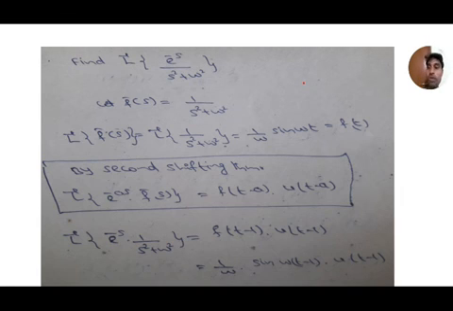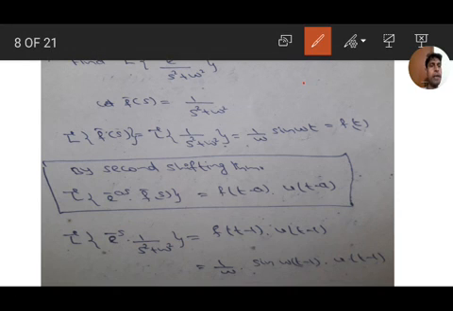Find L inverse of e to the power of minus s by s square plus omega square. We need to find L inverse. In that, except e to the power of minus s, the remaining function we take as f bar s, 1 by s square plus omega square. And its inverse Laplace transform, L inverse of f bar s equal to L inverse of 1 by s square plus omega square.